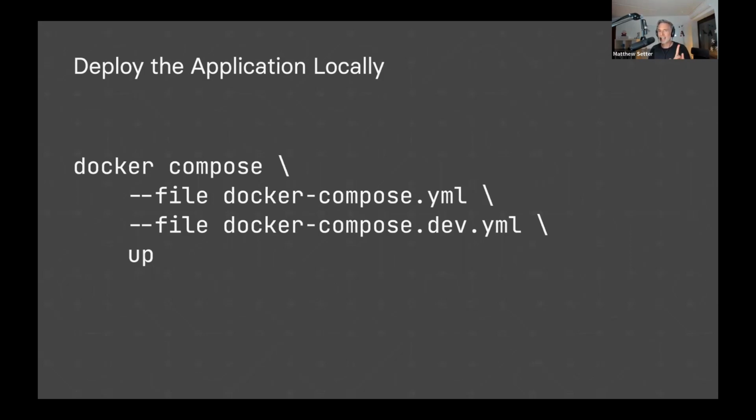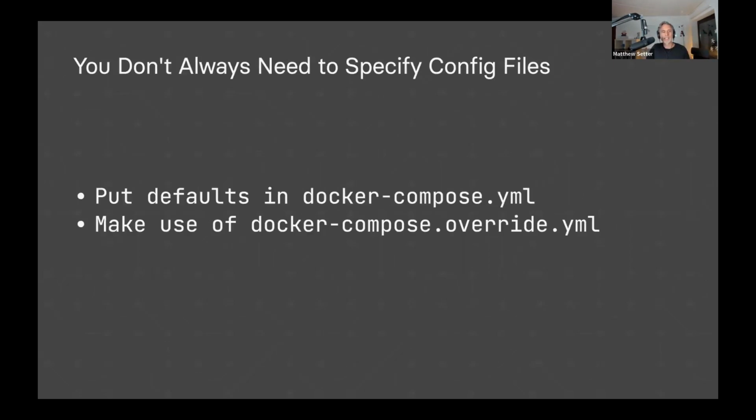However, it's really handy, and this is what I've come to really love lately, you don't always need to specify config files. The reason for that is, as I've mentioned before, docker-compose.yml is the default configuration file that Docker Compose looks for, unless you specify something else with the file or -f option.